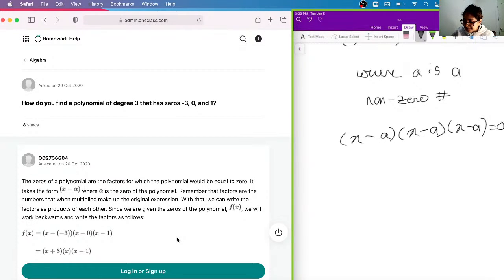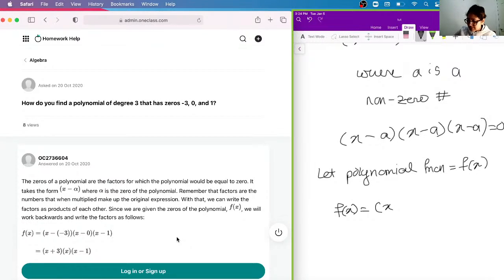So let the polynomial function equal f of x. Okay, so f of x is equal to, we're given the zeros, so since it's -3, it would be x plus 3, as that's your actual zero.